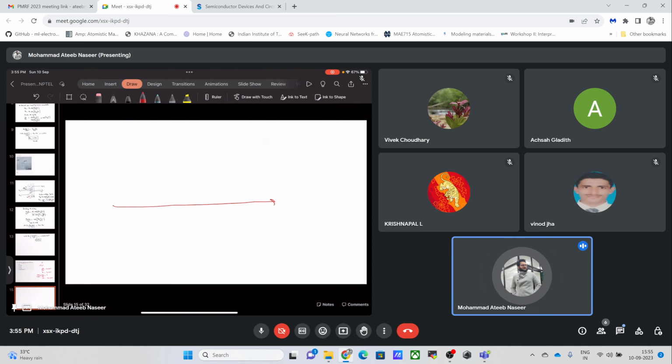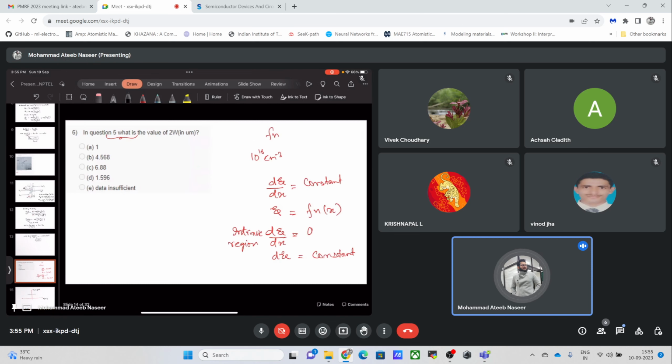an electric field profile looking like what I will draw in this section. If this is the electric field axis and this is the x-axis, which is in some micrometers. Now this electric field is constant because we saw this for this intrinsic region.